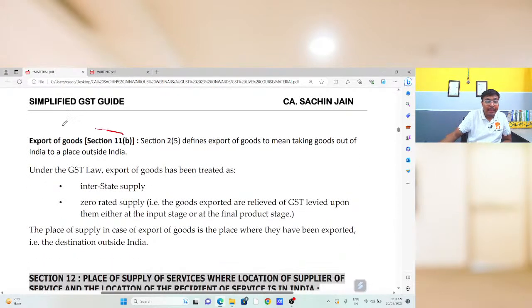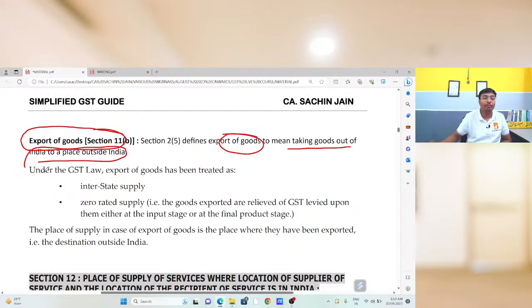Now, export of goods. In case of export of goods, which means taking goods out of India, when I am going to sell any particular product outside India, Germany, UK, US, that supply will be treated as my export of goods. In case of export of goods, that will be treated as interstate supply and as zero-rated supply.